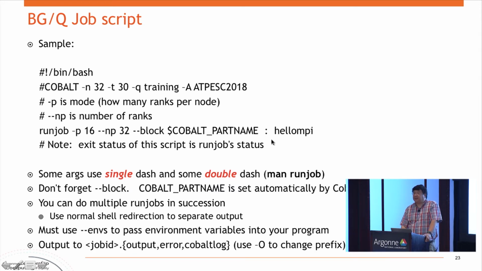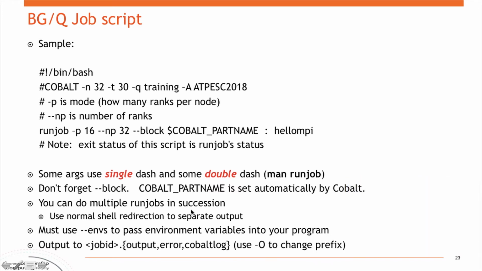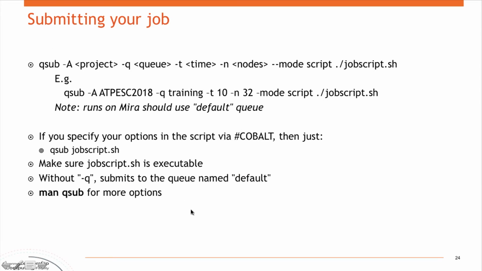It needs spaces on both sides of it. You can't munge this together or it will not parse right. So think of it more like a word than a piece of punctuation. And I think I made notes about this down at the bottom. Okay, you submit with qsub just like on Theta.